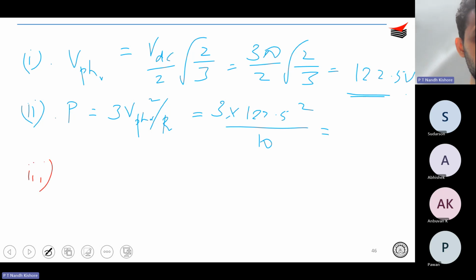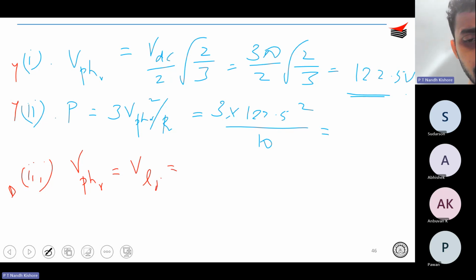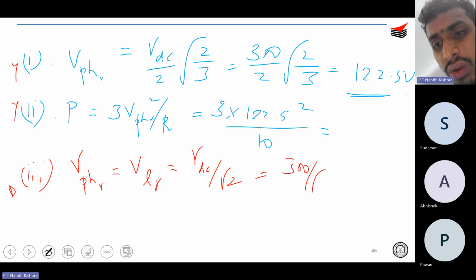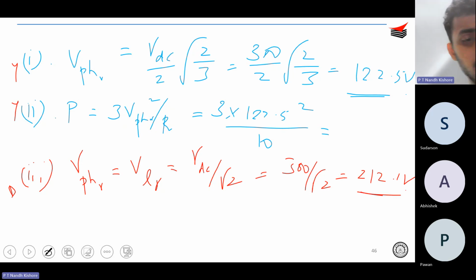And what is for delta connection? So this is for star, this is for delta. For delta connection, V phase RMS is equal to V line RMS, which is VDC over root 2. So 300 over root 2 turns out to be 212.1 volts.